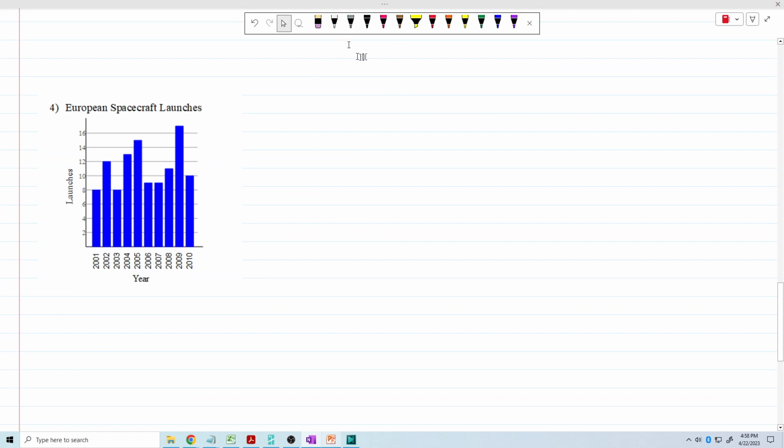So here is a histogram. Let's extract our numbers here. Let's see. How do we want to do this one? What you are to interpret here is that there were 8 launches in the year 2001.